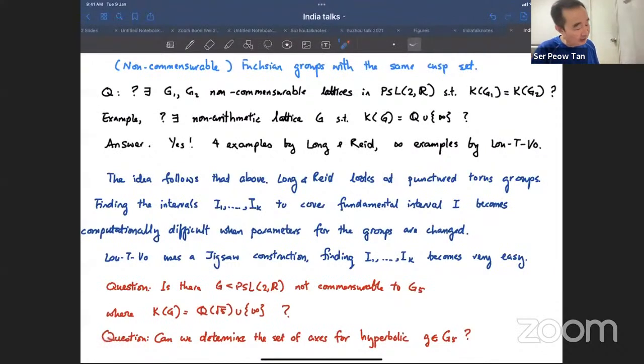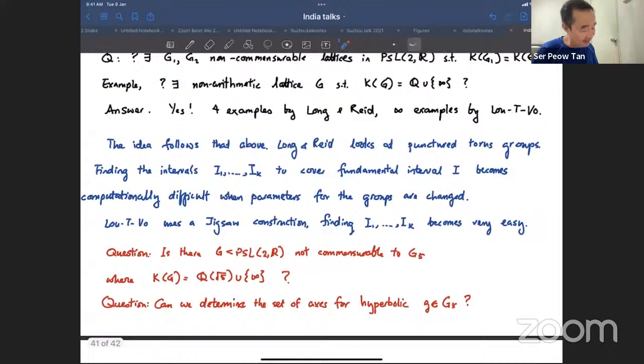So we employed the same method, but we had an idea of using a jigsaw construction. You may know this construction of Gromov and Piatetski-Shapiro, of gluing two arithmetic subgroups to get something non-arithmetic. It's something like that.